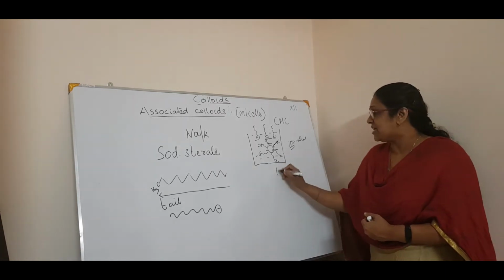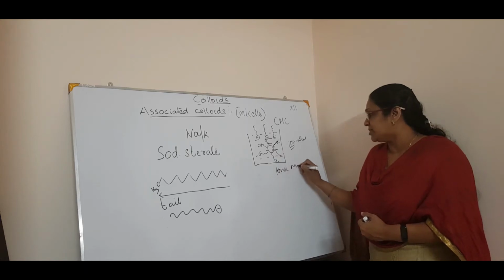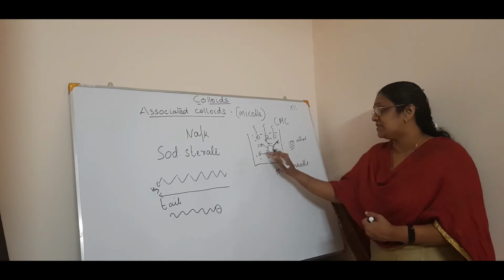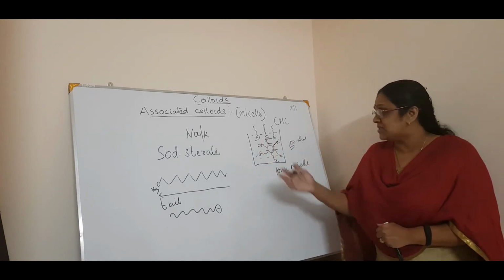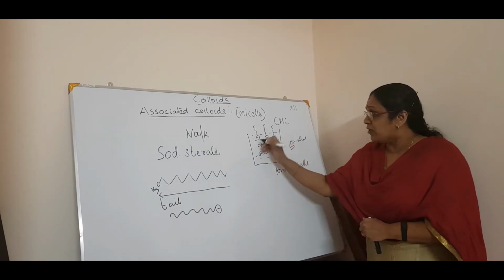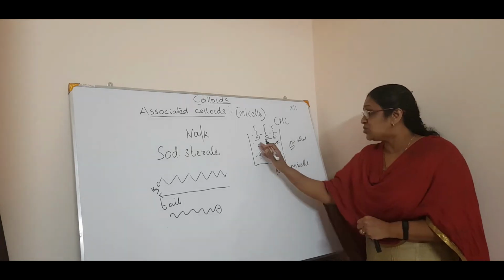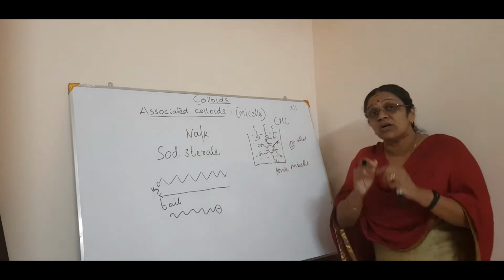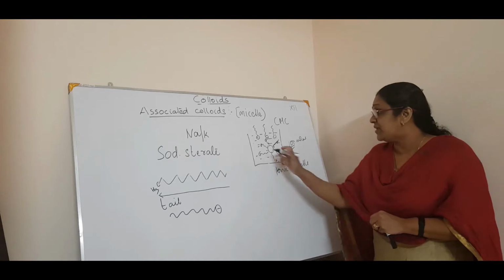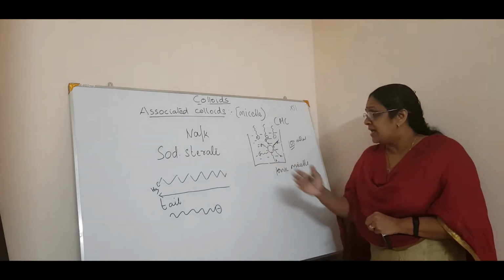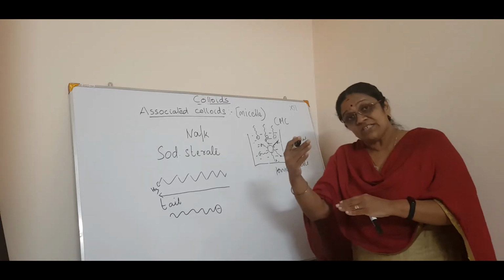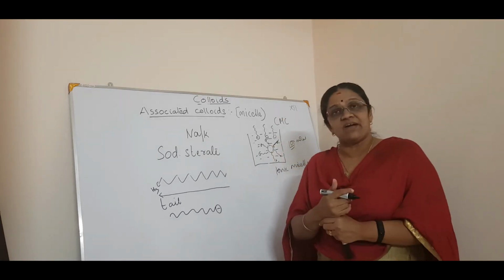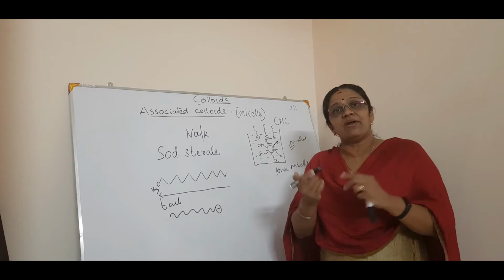This type of micelle is called an ionic micelle, because it is made of ions. So many micelles will be formed. This is only one group, and another group will be formed here. These two micelles do not come in contact with each other. Why? Because of ion-ion repulsion. This micelle has a negative ion outer surface, and the second micelle also has a negative ion outer surface, so the negative ions repel.